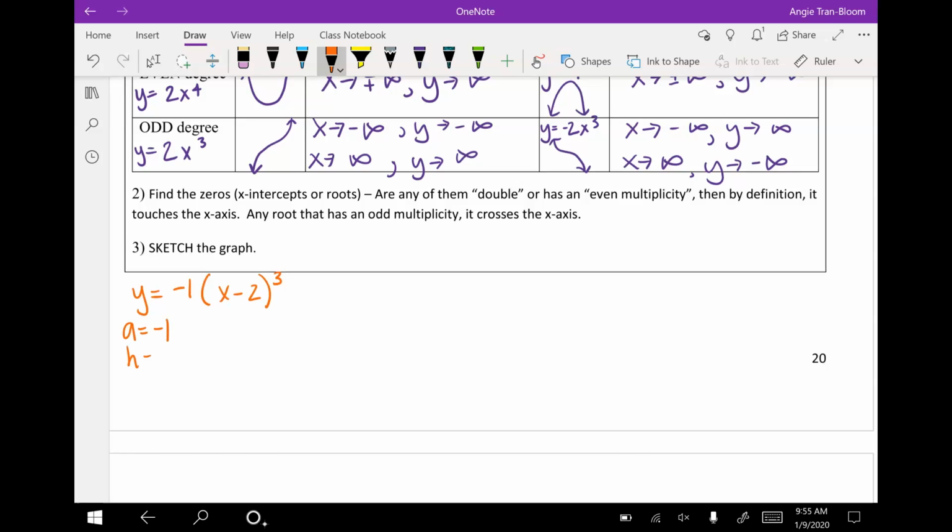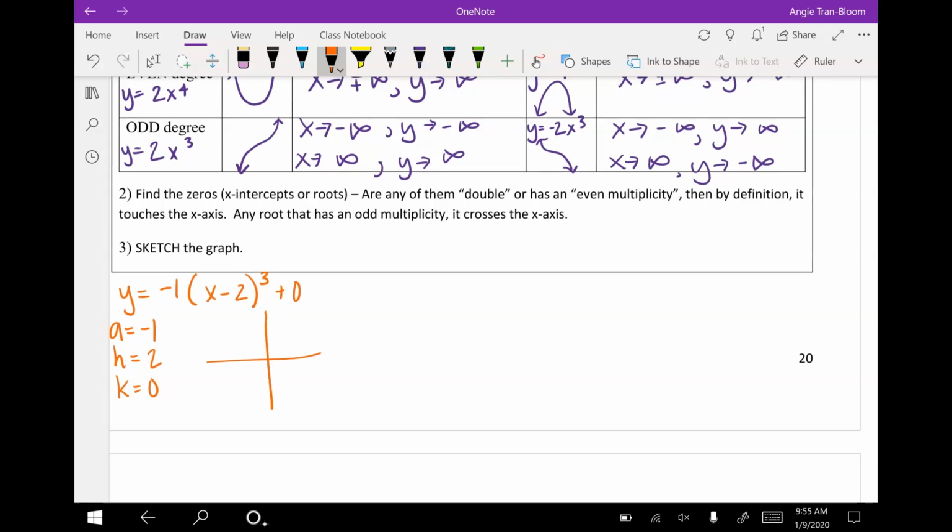What's your h value? 2. What's your k value? That's right, because I didn't write anything, so we're going to say 0. If I were to sketch this out, would you agree that I will have 2, 0, which is right there? Just a little sketch. You don't need to, just understand it. Would you agree, because it's a -1, I will start over here and go downward? Would that be a true statement?